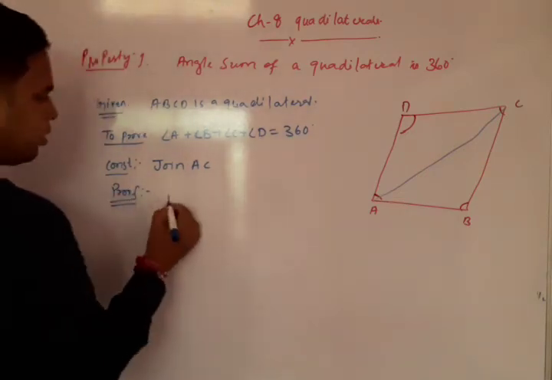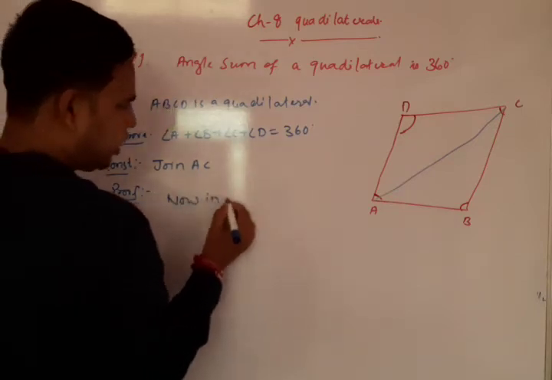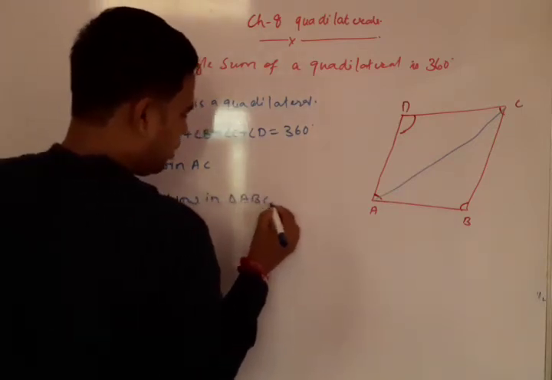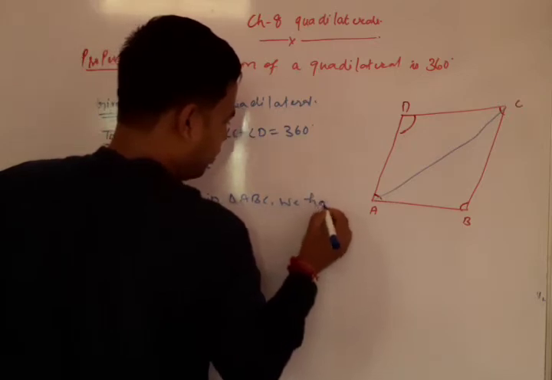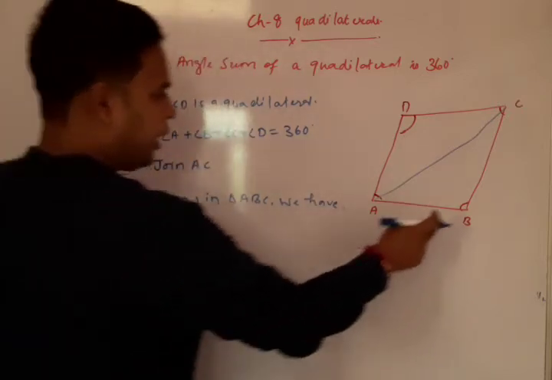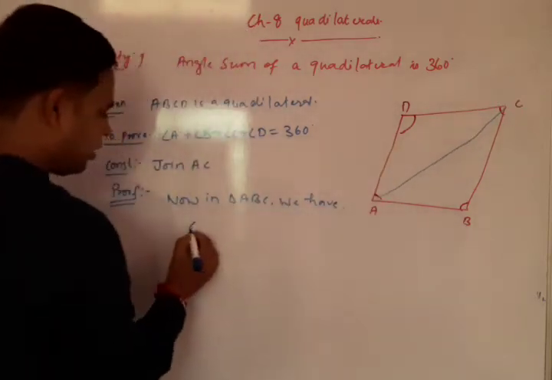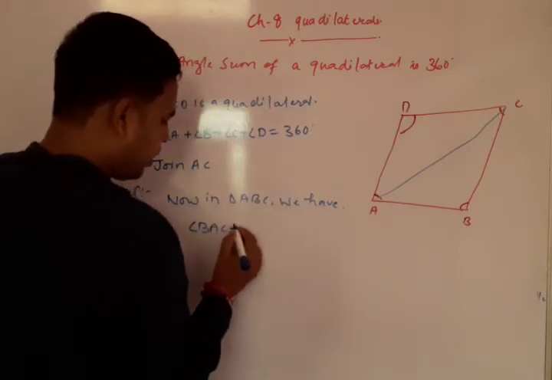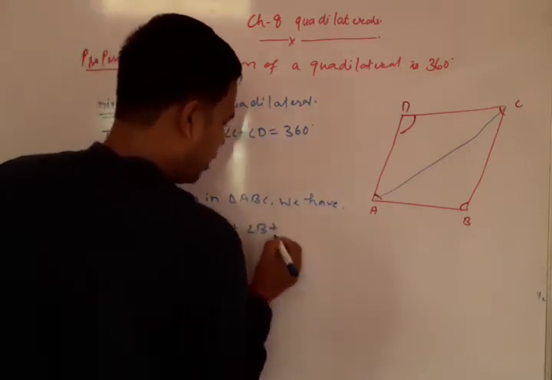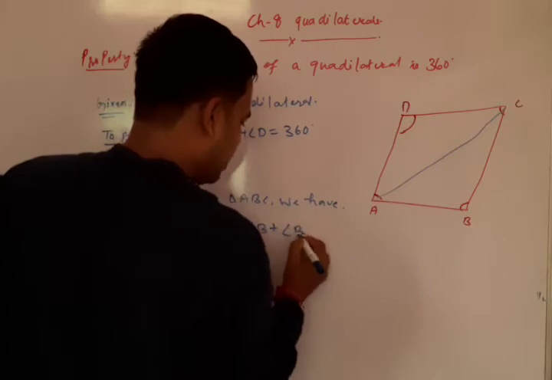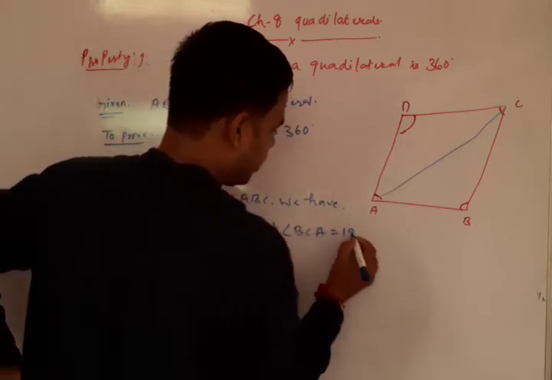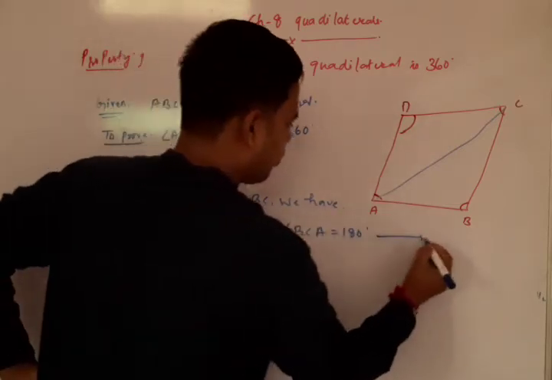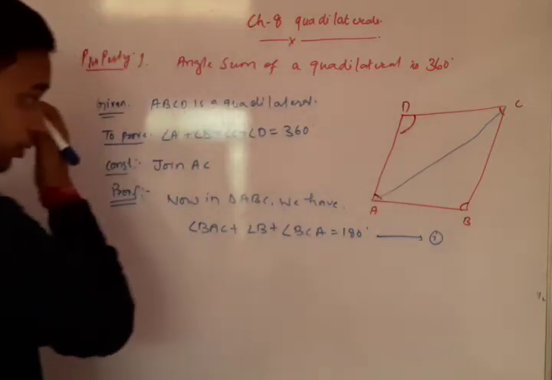Now prove. In triangle ABC we have angle BAC plus angle B plus angle BCA equals 180 degrees. This is equation number 1.